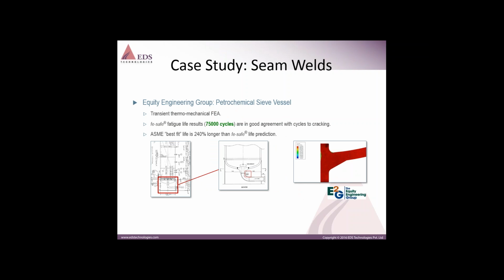FSA predicted nearly 75,000 cycles, and it was in very good agreement with the actual field failure. They also ran the A.SAE best fit approach, which predicted nearly 240% longer life than fesafe as well as the test result.